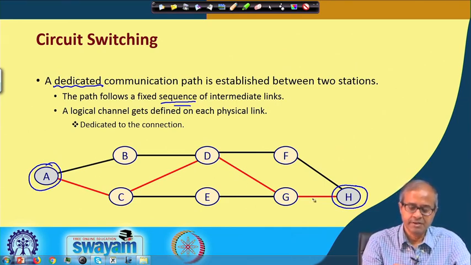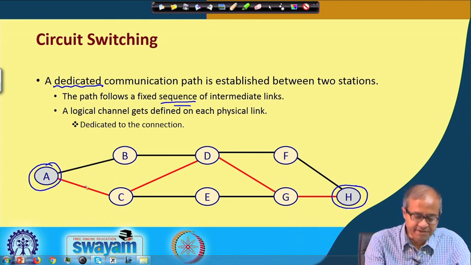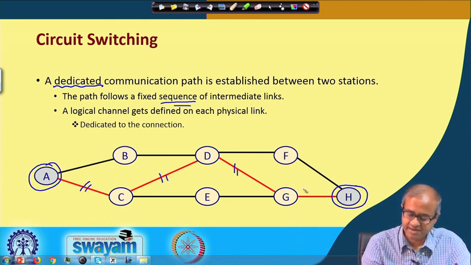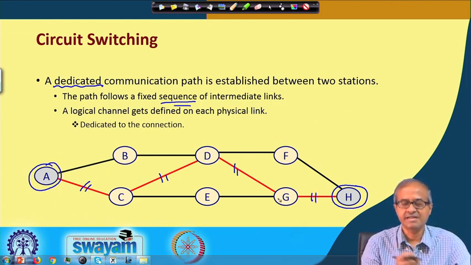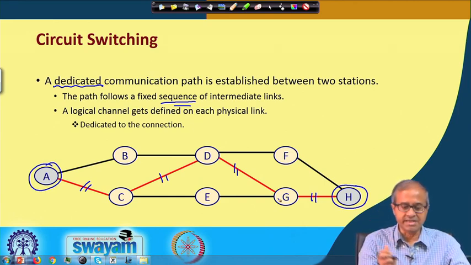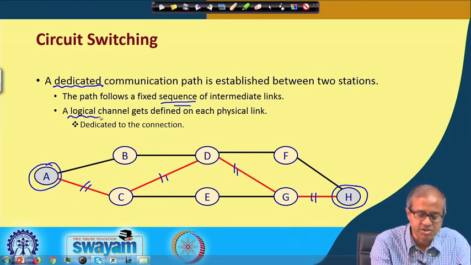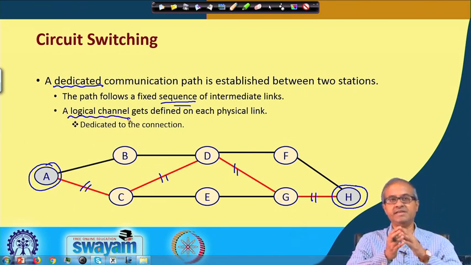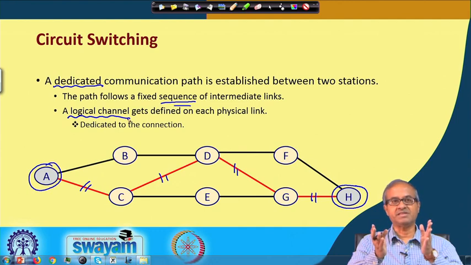Now, on every physical link, this is a link, this is a link, this is a link and this is a link, there are 4 communication links that exist in between, right. So, over each of these communication links, something called a logical channel gets defined or established.